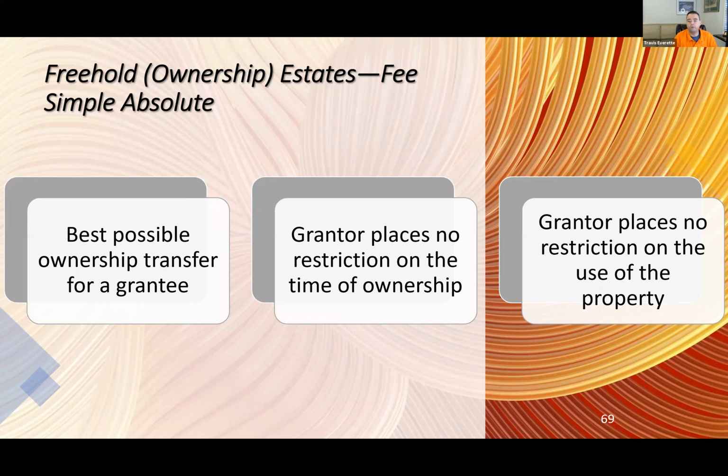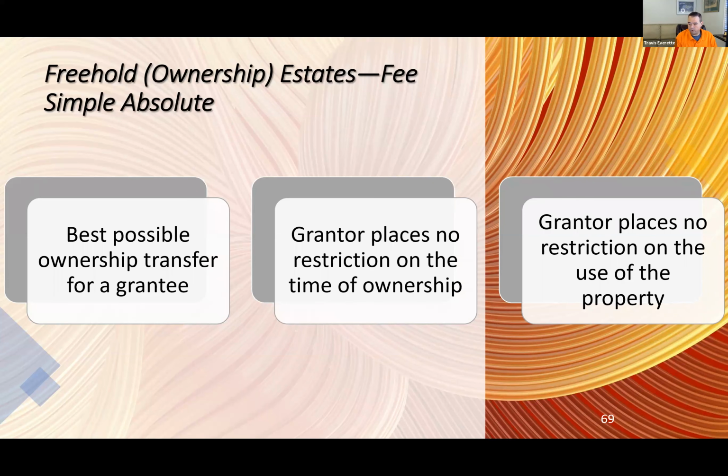And what kind of grantor did we say we preferred to have in a transfer? The grantor who's limiting time, the grantor who's limiting use, or the grantor who's not placing any limitations at all? The grantor who's not placing limitations.